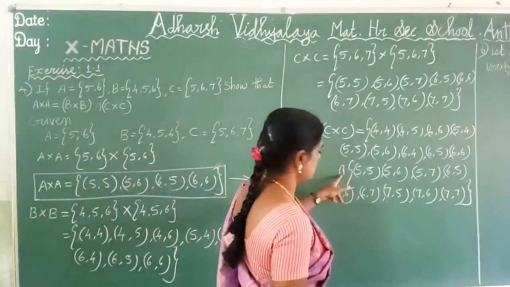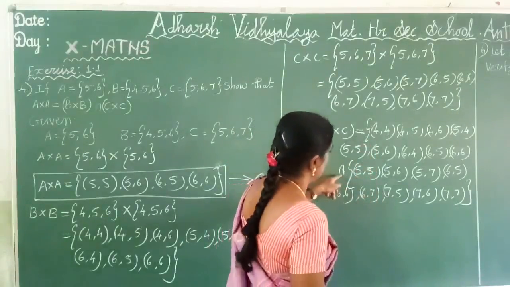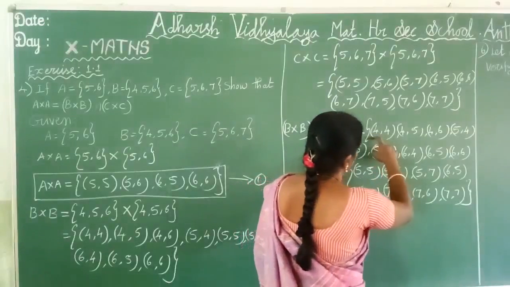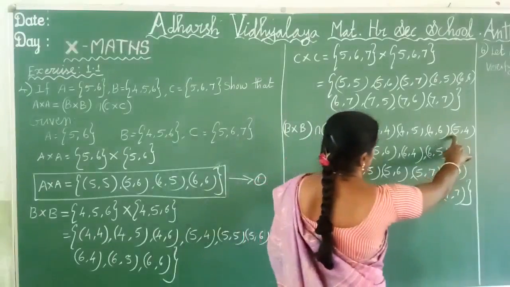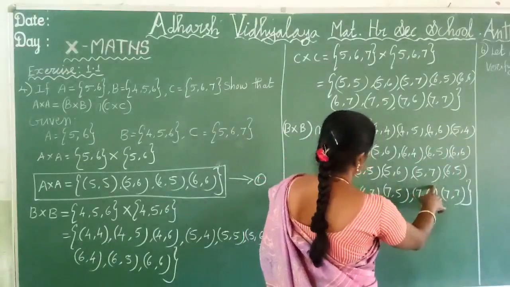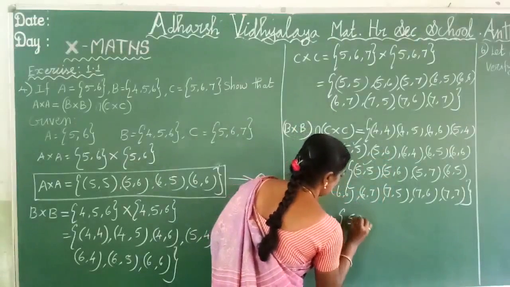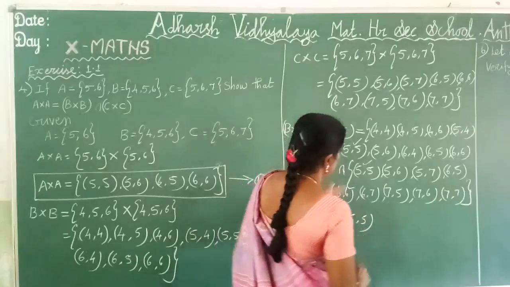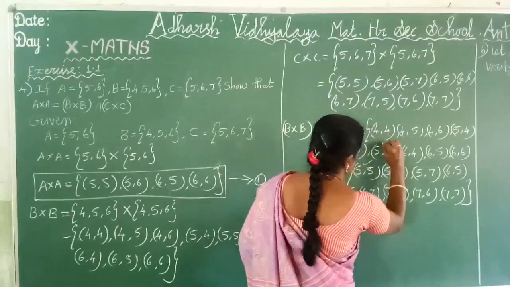So you want to take the intersection. Intersection means common. So what are the common elements in these two? Check it. Fourth term (5, 4): here there is no (5, 4). (5, 5) is there, and (5, 6).